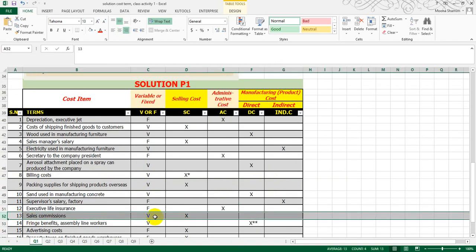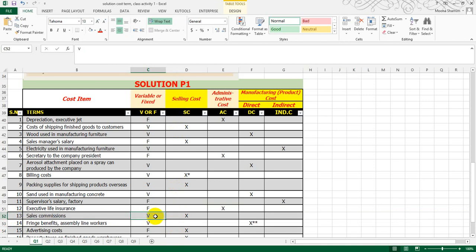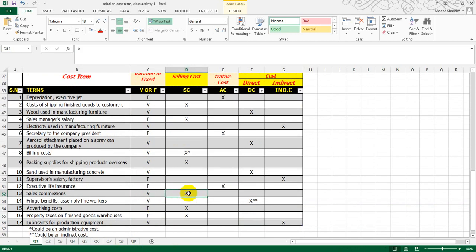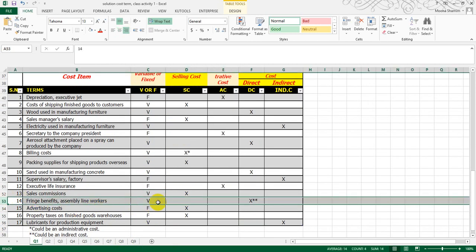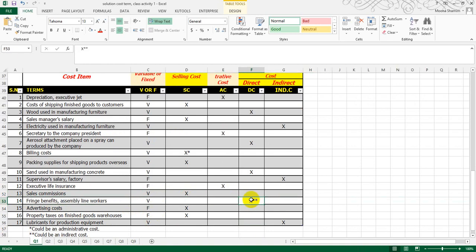Sales commission, again selling department selling cost, and obviously commission is variable, so we will treat it as a variable cost related with the selling cost. Fringe benefit, assembly line worker, again it is a variable cost, and we will treat it as a direct cost. It could be an indirect cost as well, but here we will treat it as a direct cost.